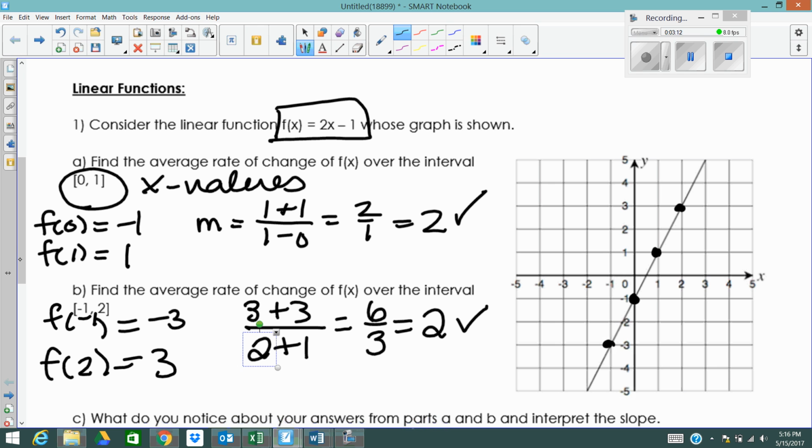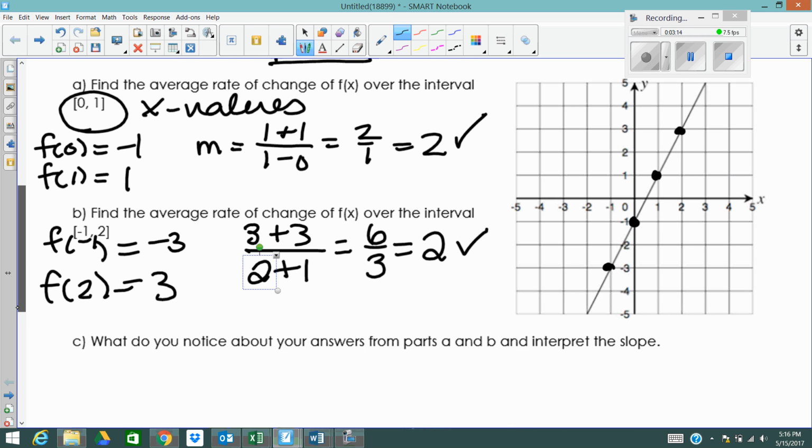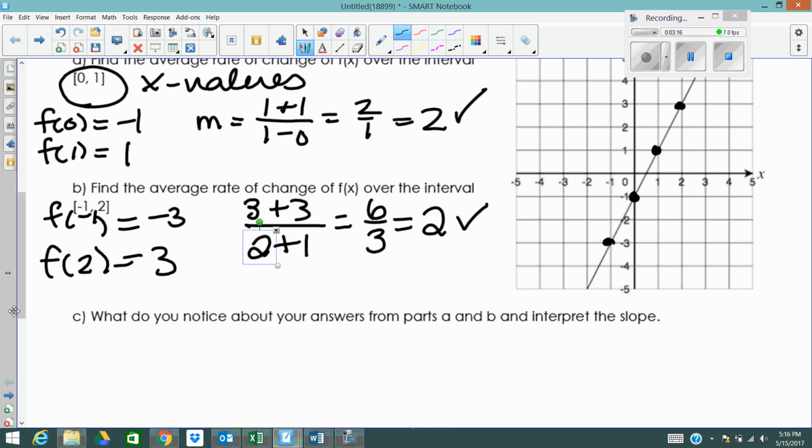What do you notice about your answers from parts A and B, and interpret the slope? So my guess is most of you already knew before doing examples A and B that linear functions have constant rates of change. So it does not matter the interval in which I'm looking at, the rate of change of my function is 2, or the slope of my function is 2.